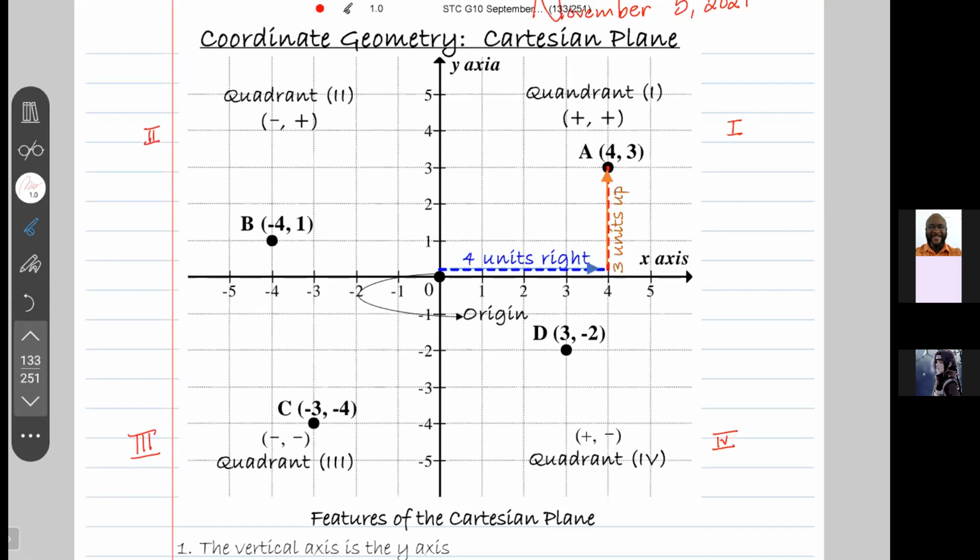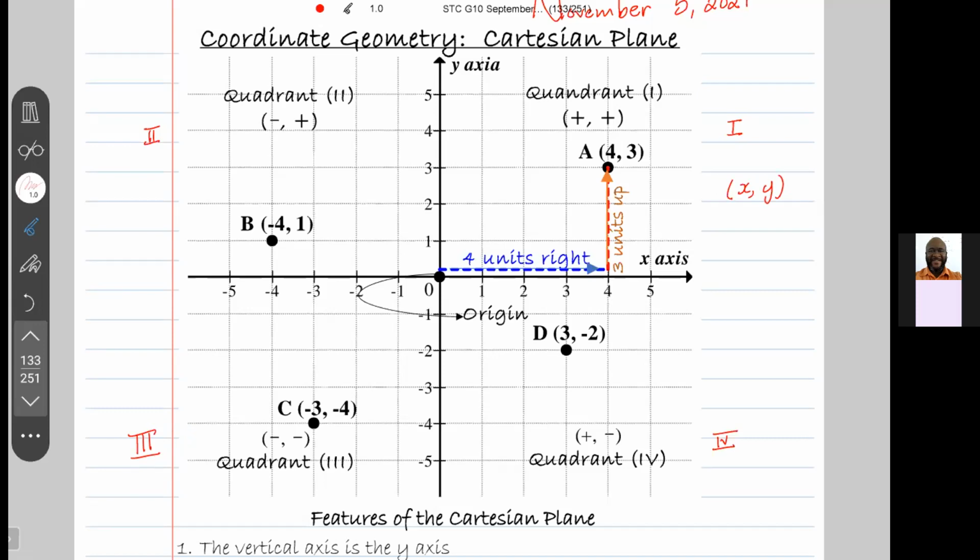Now, the coordinates of a point on the graph sheet or on the Cartesian plane are of the form (x, y), x being the x coordinate and y being the y coordinate.